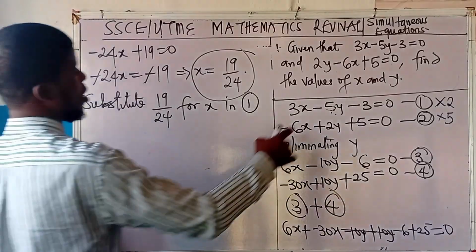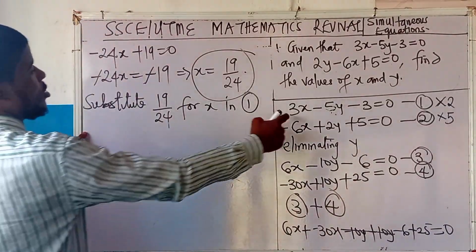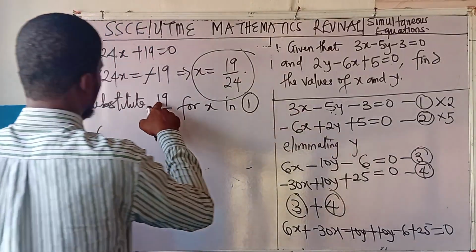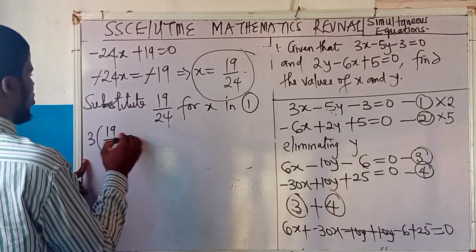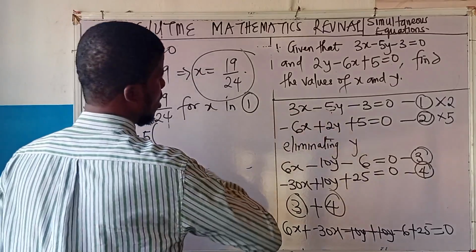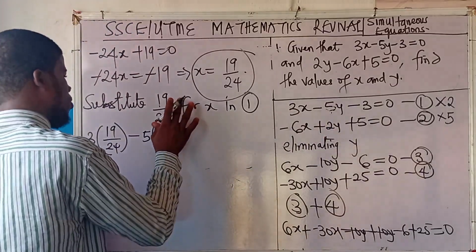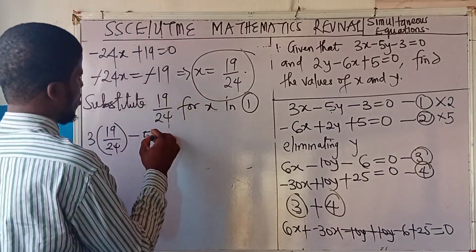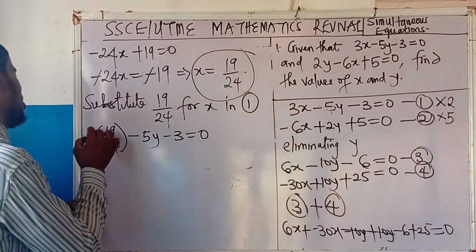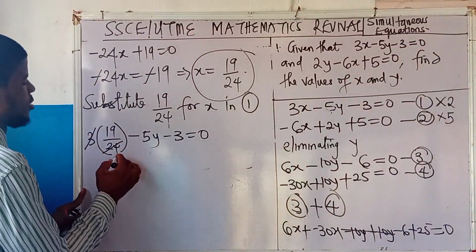So anyway, I see x here, I'm writing this. This is 3 into, in place of x here, I write 19 over 24, minus 5 into y. Of course, we're looking for y. Minus 5y minus 3 equals 0. 3 can divide 24, that would be 8 times.